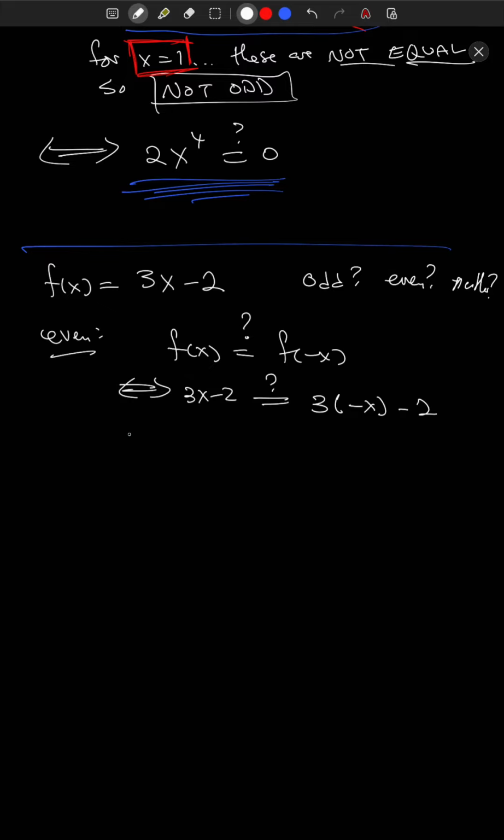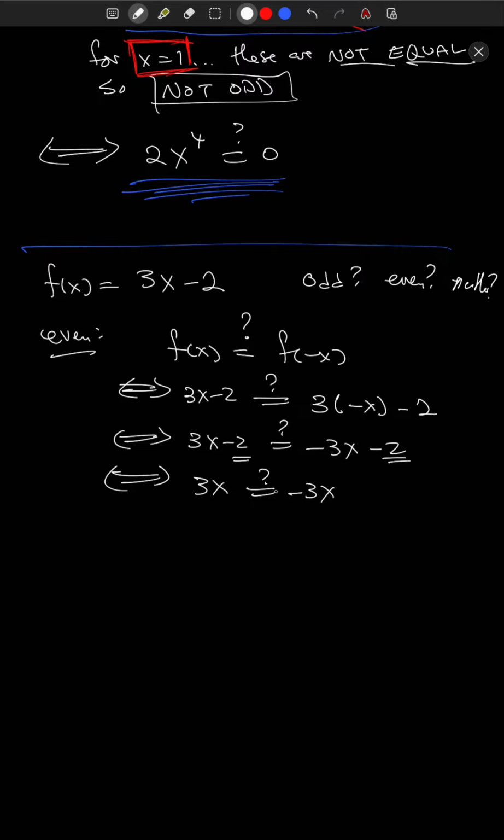If it's not clear at this moment, let's just do some cleanup. This is the same as 3x minus 2. Is this equal to minus 3x minus 2? If it's not clear, keep on going. 3x, is this equal to minus 3x? We cancel the 2's on each side, because this 2 is the same as that 2 right there.